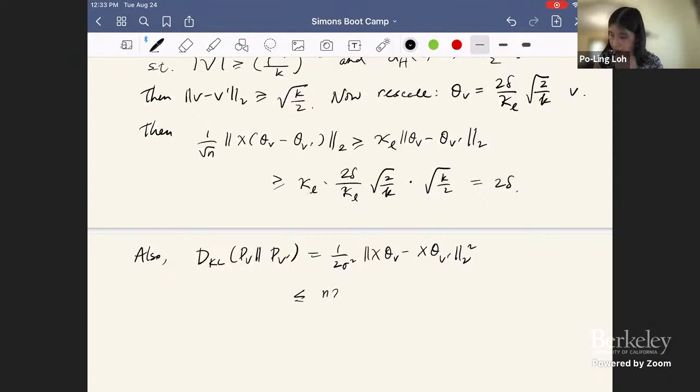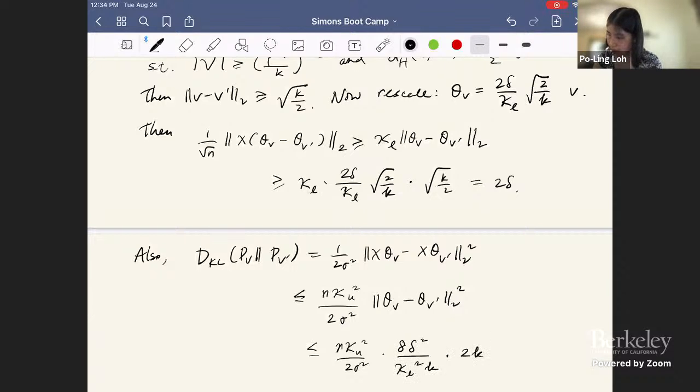So I have n kappa u squared over 2 delta squared times the 2 norm squared of theta V minus theta V prime. And I believe we can check that this is 8 delta squared over kappa L squared K times 2K.